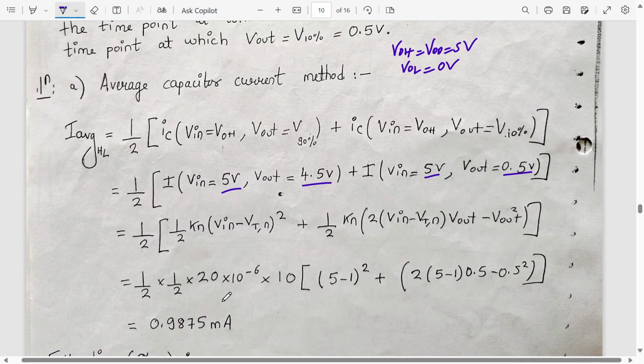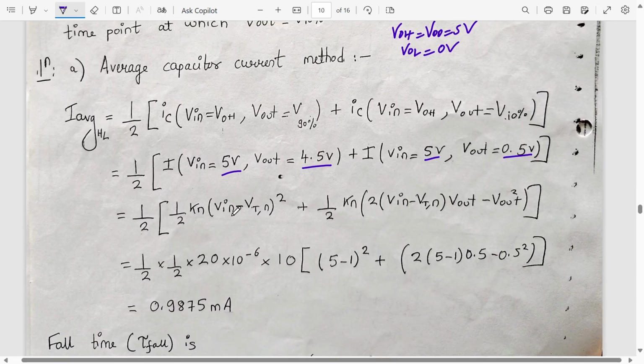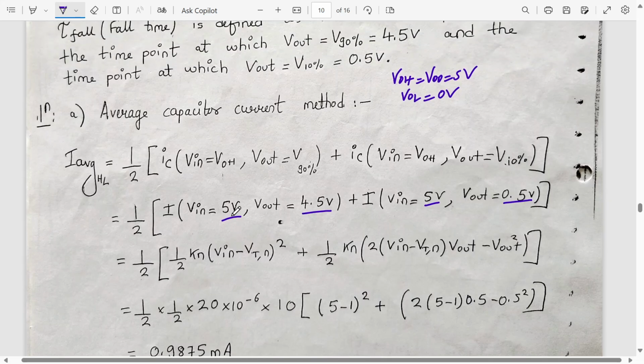Now, as we know, for the CMOS inverter, when the output is at 4.5, that means we know the voltage transfer characteristics, right? Here it is. We have analyzed this technique.